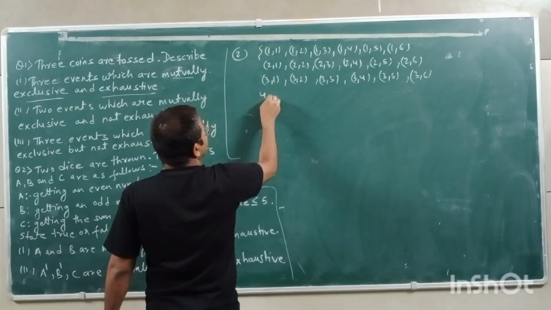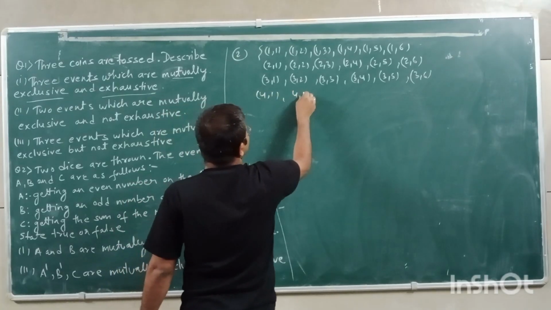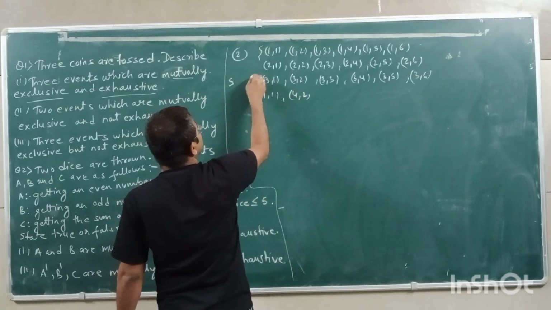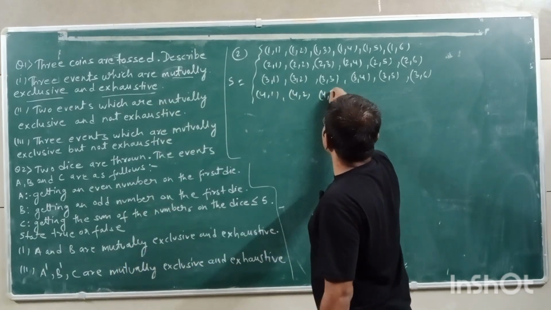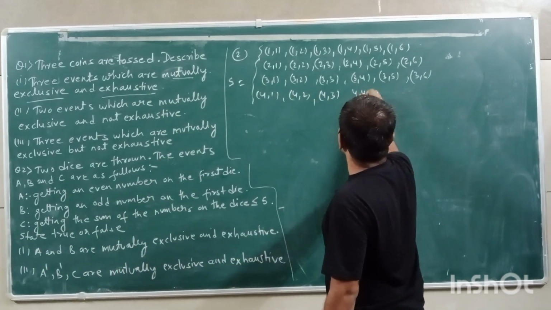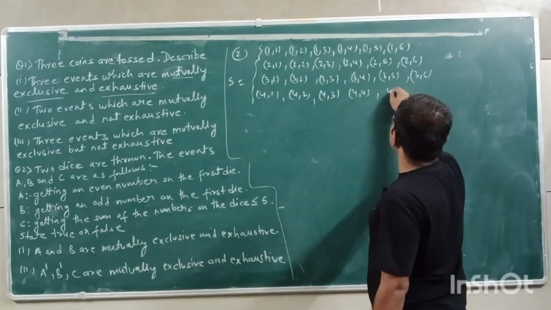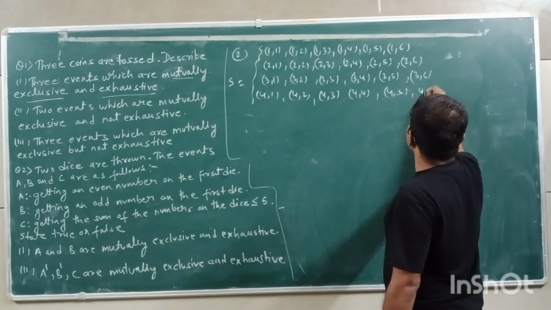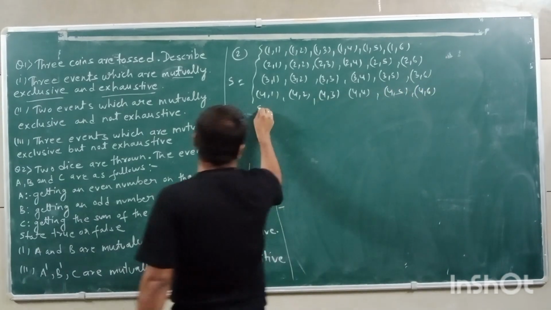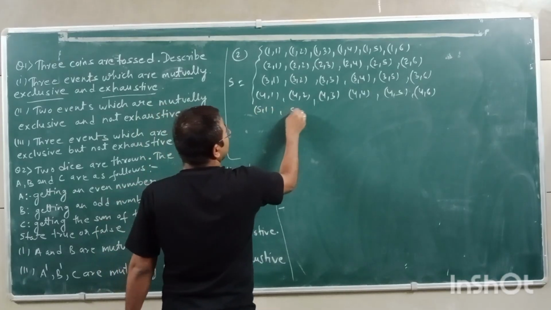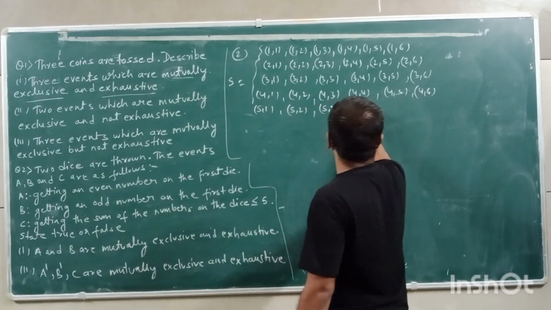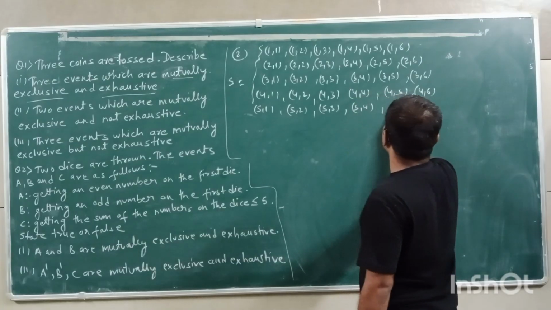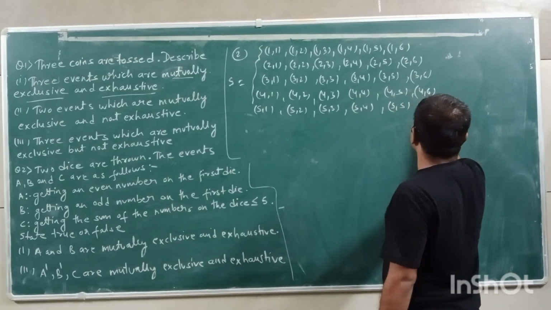Now 4 1, 4 2, this is the sample space, 4 3, 4 4, 4 5, 4 6. Then 5 1 through 5 6.